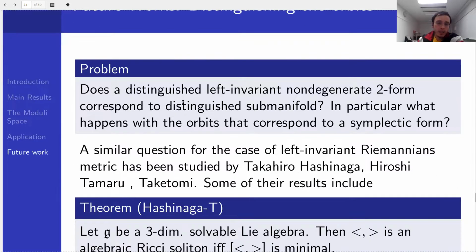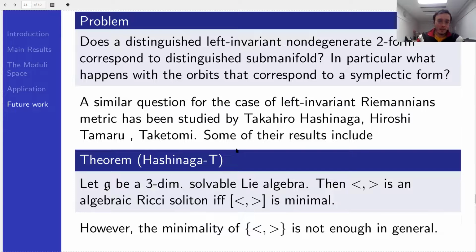A similar kind of question has been studied by Kamaru and some of his students, but instead of symplectic, change every place where I mention left-invariant symplectic to left-invariant Riemannian metrics.